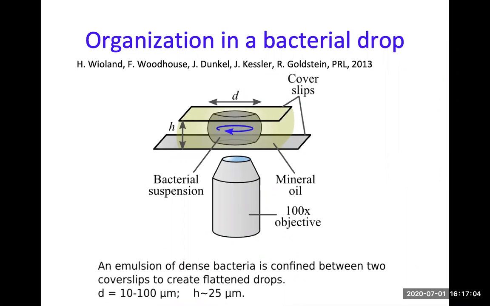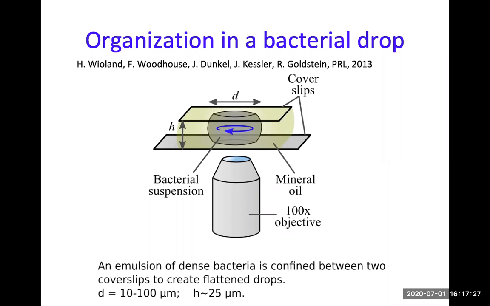So we have to look at bacteria and these microswimmers in a more realistic manner. The experiment that inspired a lot of this work in this direction was in the group of Ray Goldstein, quite a few years back. Hugo, who did the experiment, essentially had a droplet of Bacillus subtilis covered in between two cover slips. So the droplet is kind of drum shaped.